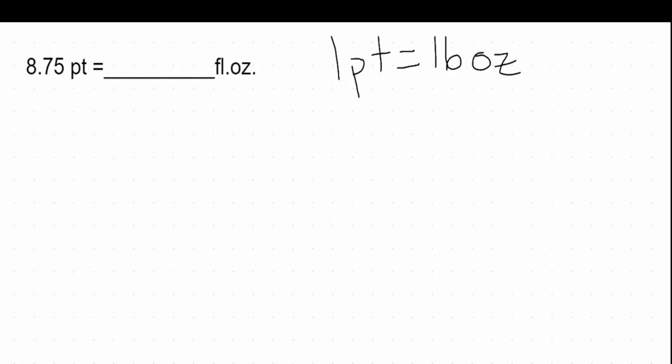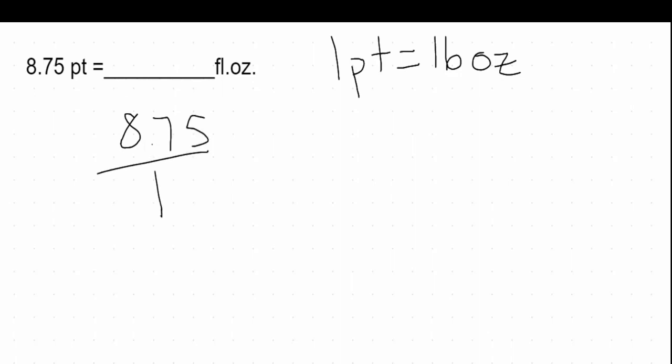The way this works is we're going to be creating different fractions. So having a little bit of understanding about unit fractions and how to multiply fractions is going to help here. We're going to start with the conversion that they gave us, the 8.75. We're going to put that 8.75 over 1.